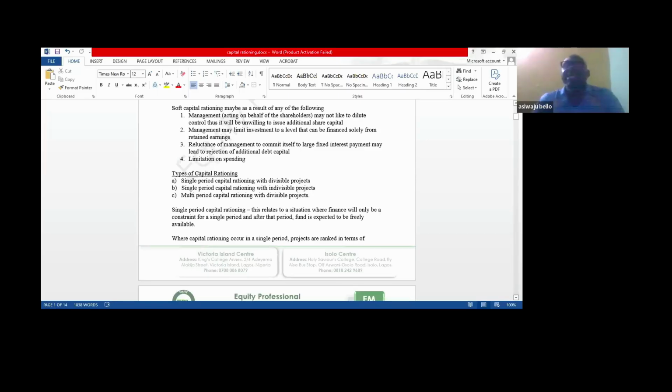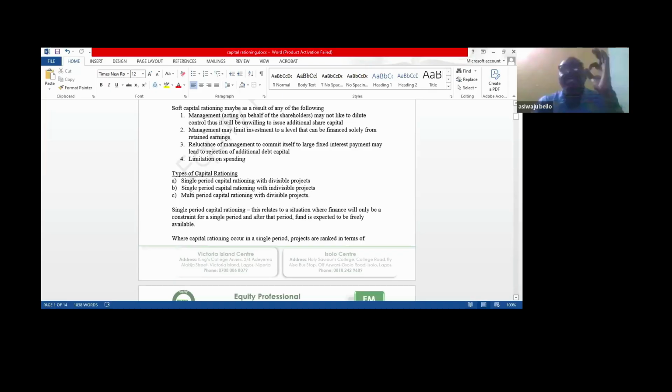Maybe in year 0, maybe in 2024, the company does not have sufficient finance. But after 2024, the company will have sufficient funds. That means there's only scarcity of finance in 1 year.